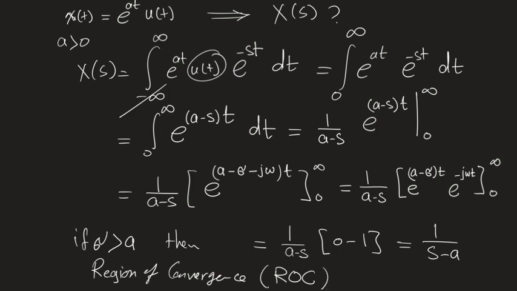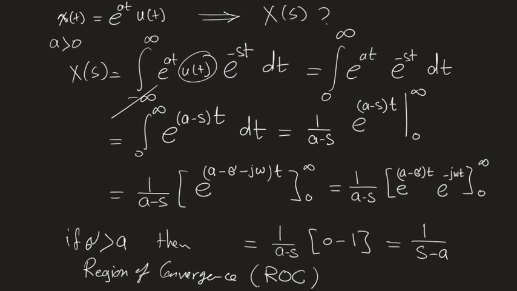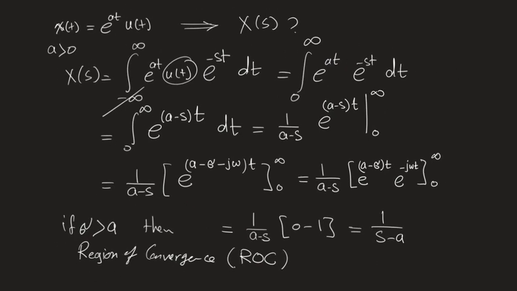So the Laplace transform is 1 over s minus a, with region of convergence sigma greater than a. That's how we write it at the end. We always associate a region of convergence with our Laplace transform. We can only calculate this if we choose sigma greater than a.